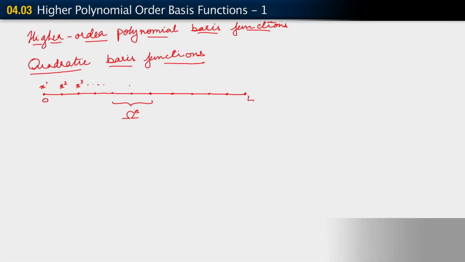So if this is omega e, if you just follow the numbering system, what you will see is that the global node numbers here are x2e minus 1, x2e, x2e plus 1. It continues and essentially ends with x twice NEL, for number of elements, plus 1. Okay, that's the global number of the last node. All right, so this is the setting we have.